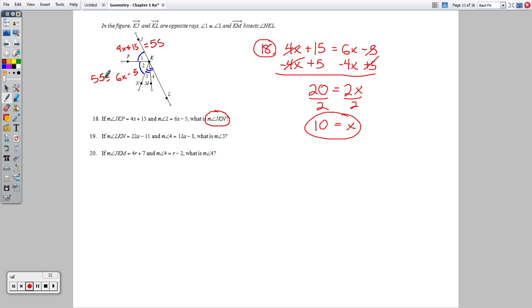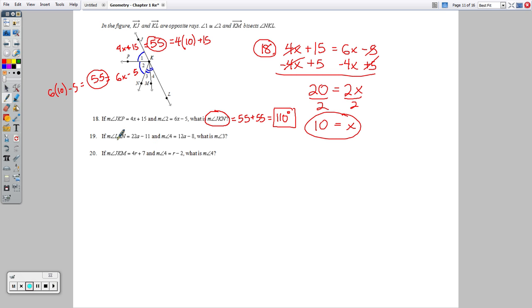That's also 55 if we plug in 10 for x. So the measure of JKN is going to be that one plus that one. So JKN, that's 55 plus 55, which would be 110 degrees right there.